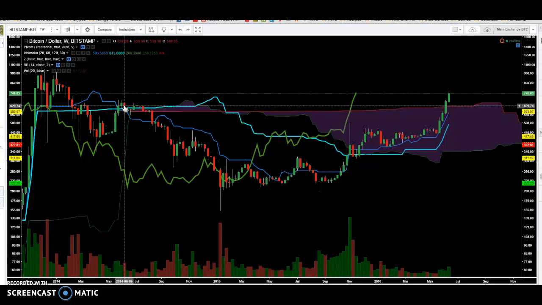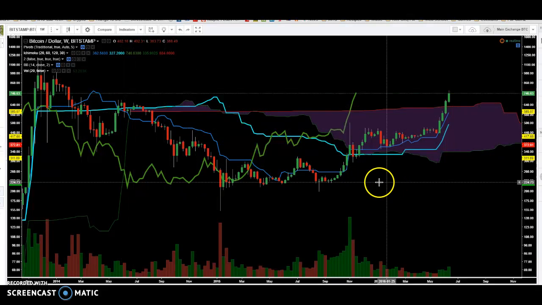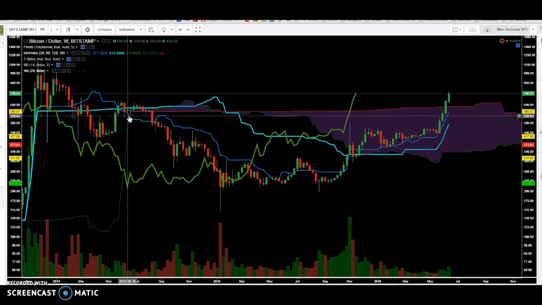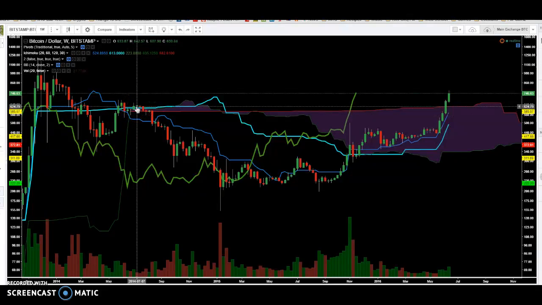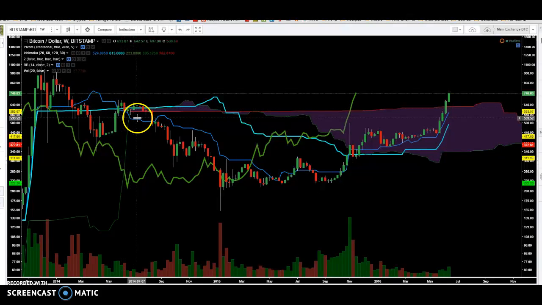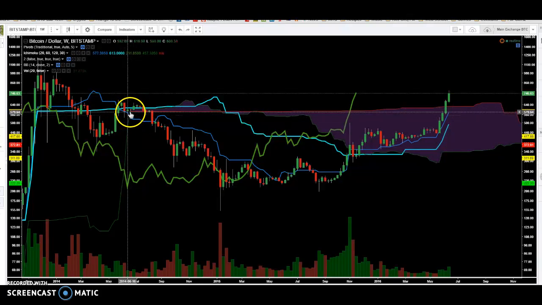I just call them Tenkan and Kijun. So you can see we had the TK cross. The Tenkan-sen is the faster EMA basically, and the Kijun is the slower EMA. So when you have a slow EMA above a fast EMA, that signifies bearish momentum.